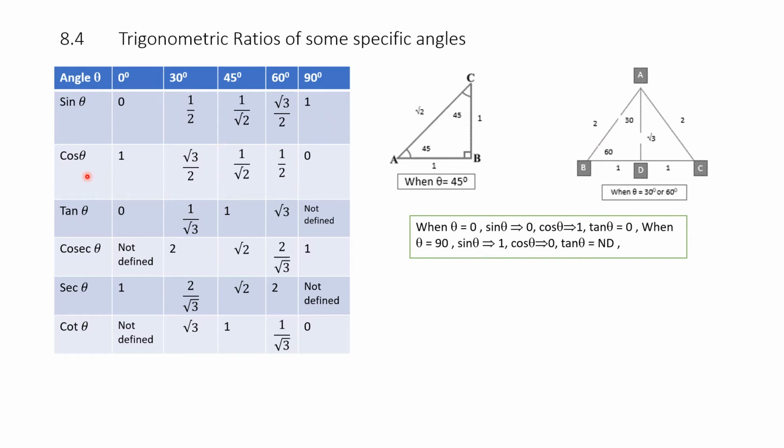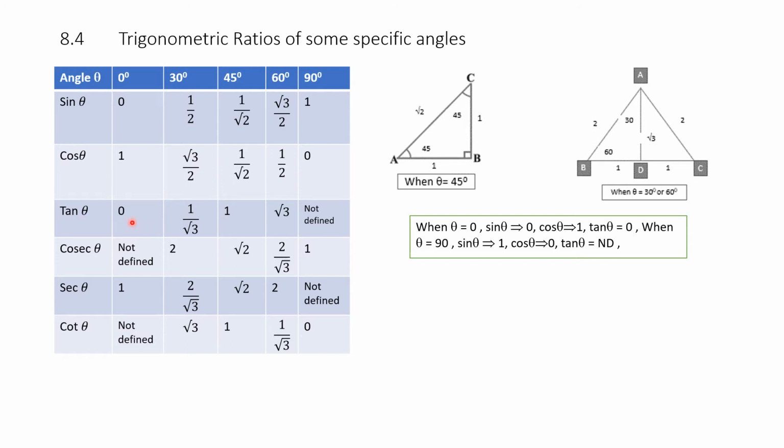Similarly, cos 0 is 1, cos 30 is root 3 by 2, cos 45 is 1 by root 2, cos 60 is 1 by 2 and cos 90 is 0.